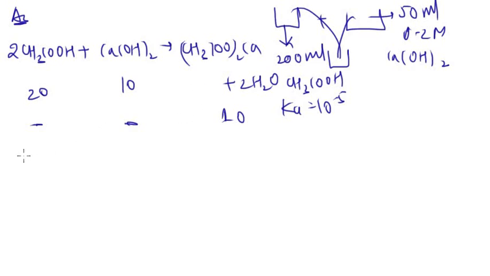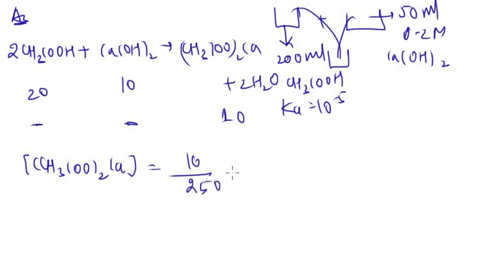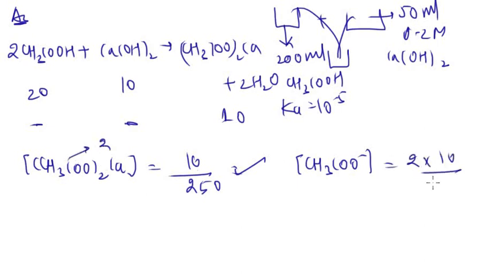The concentration of this salt, calcium acetate, is millimole divided by total volume. The total volume is 200 plus 50, so 250. Now what will be the concentration of acetate ion? It will be twice the concentration of this salt, since 1 mole of this will give 2 moles of acetate ion. So 2 into 10 by 250, which is 2 by 25.